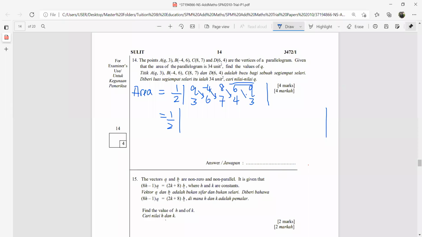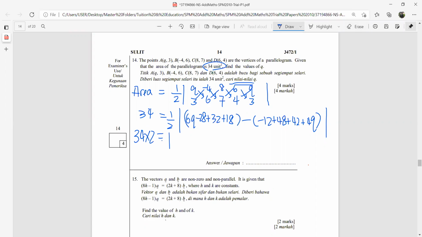This way multiply, minus this way. And they give you area is what? 34. Just like that, class. Okay, 34, then times 2 to get the answer.